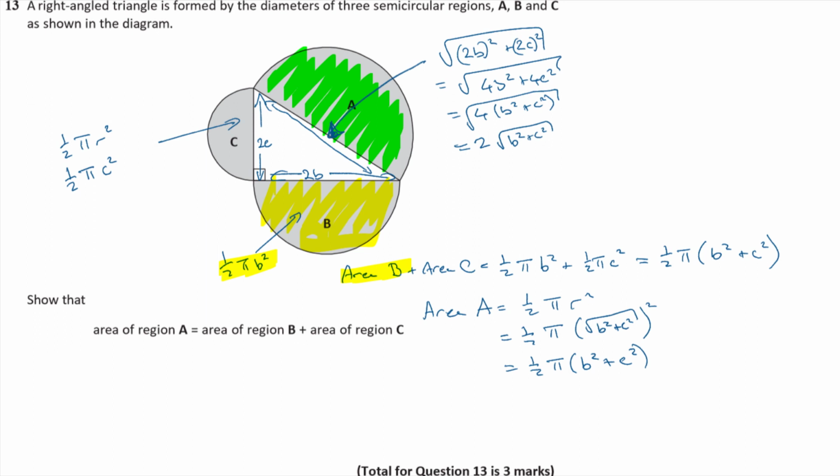And then I worked out the area of C, which was this one here, and that gave me this and this, okay, which then gave me that thing at the end. And then I worked out the area of A, which was this, and then I've shown that those two things are the same thing. Okay, so I've kind of proved it. So I can therefore say that area A equals area B plus area C.